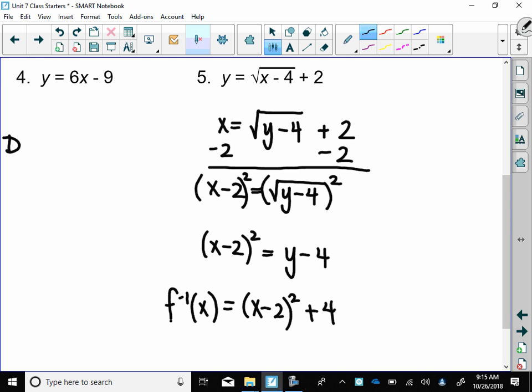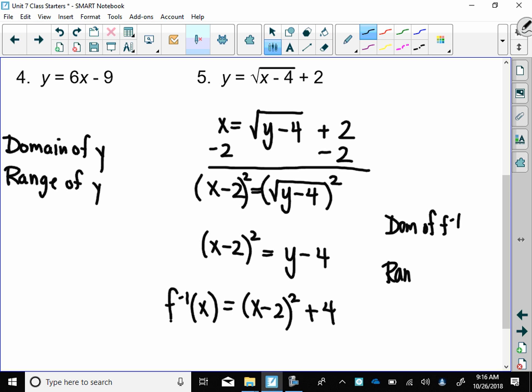So let's find the domain of y and the range of y. And then we'll find the domain of f inverse and the range of f inverse.